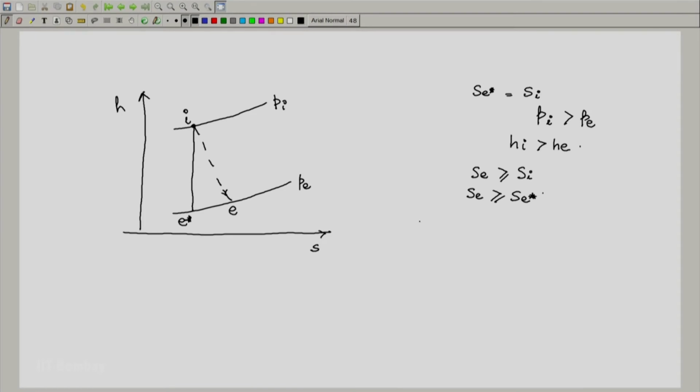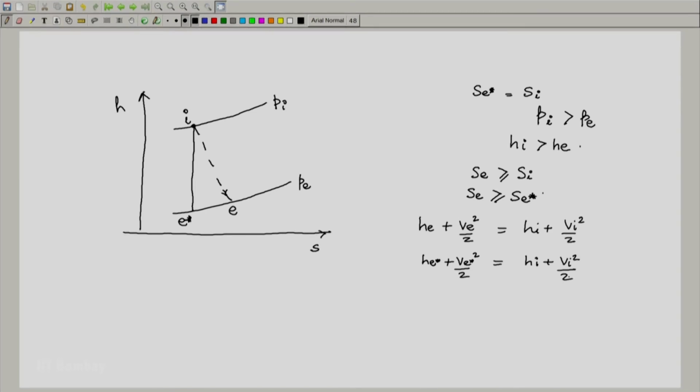The first law we had written, h e plus V e squared by 2 equal to h i plus V i squared by 2, we can of course write even for the ideal process: h e star plus V e star squared by 2 is equal to h i plus V i squared by 2.